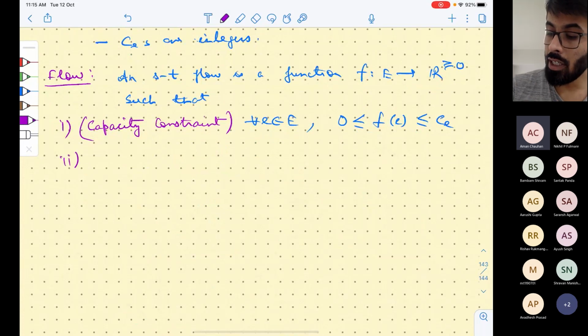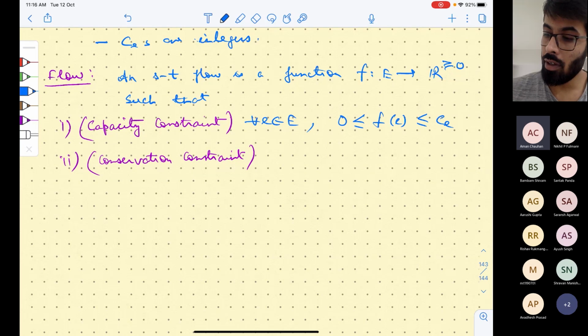And what is the second constraint? The second constraint is called flow conservation constraint or just conservation constraint. And what does it say? That if you look at any other vertex apart from S and T, right?